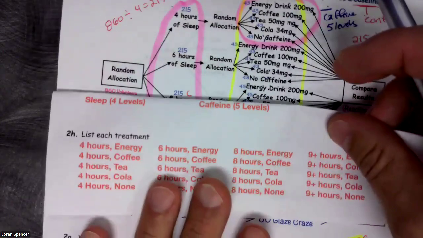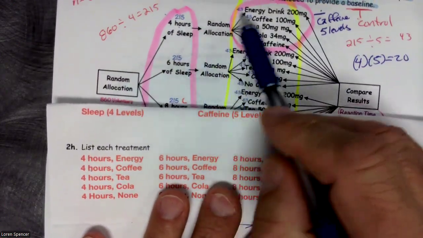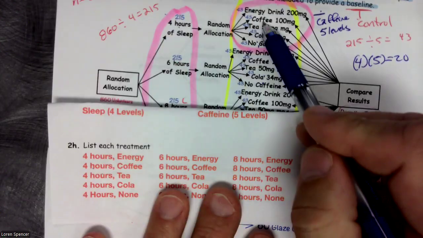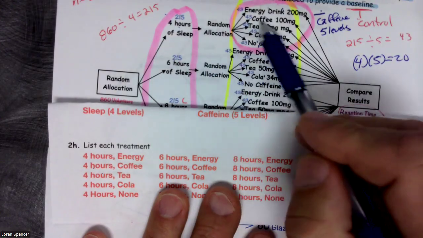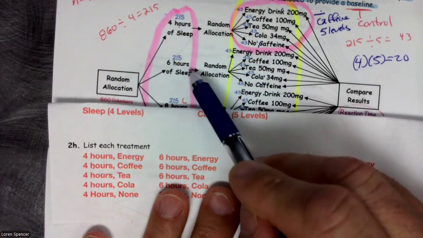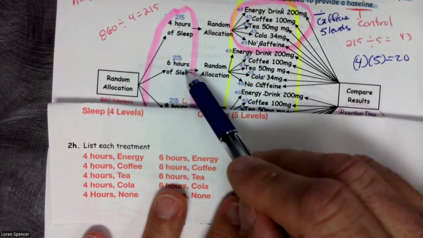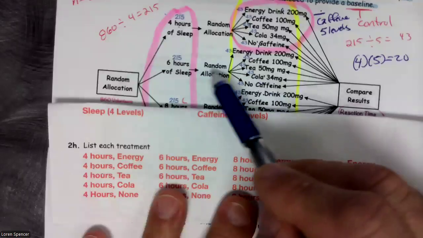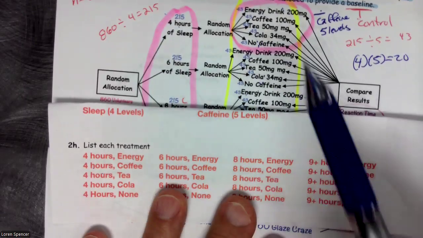All right, here we go. So 4 hour energy, 4 hour coffee, 4 hour tea, 4 hour cola, 4 hour with none. 6 hour energy, 6 hour coffee, 6 hour tea, 6 hour cola, 6 hour none.